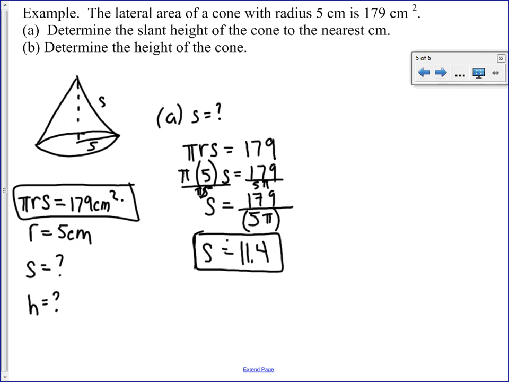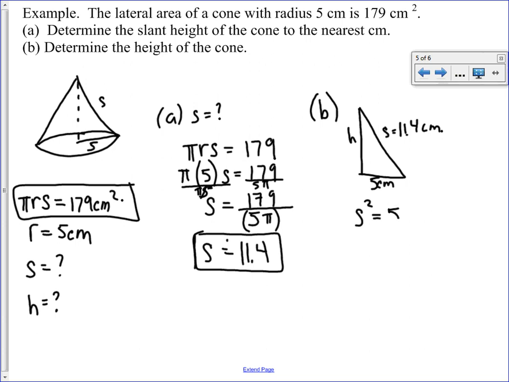Okay. So B, determine the height of the cone. So now that we're looking for the height, we know that the slant height is equal to 11.4, and we know that our radius is 5 centimeters. We use Pythagorean theorem. We know that the slant height squared is equal to 5 squared plus the height squared. We also know now that the slant height is 11.4.